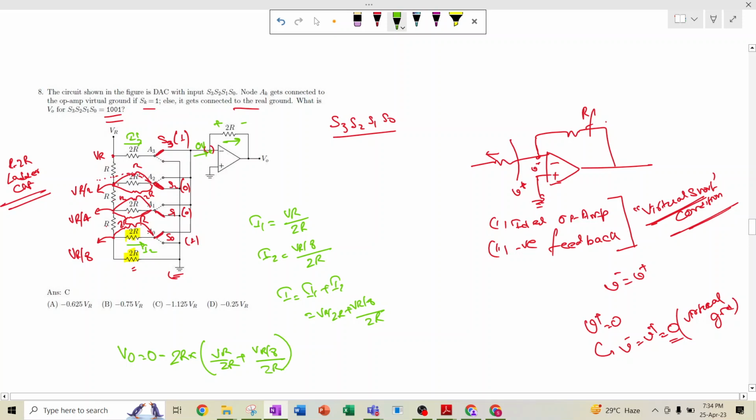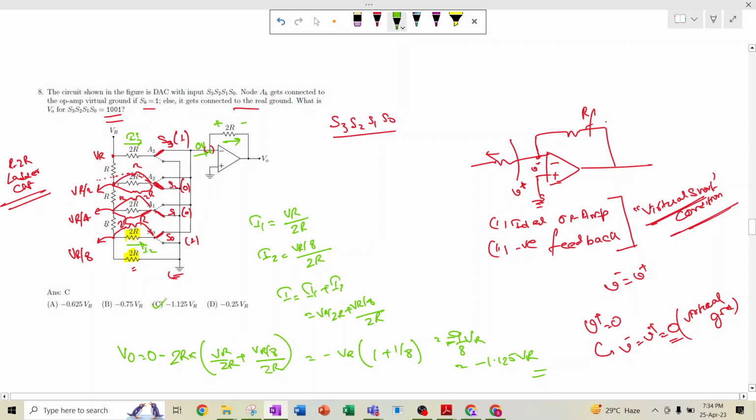The 2R and 2R cancel out, so equal to minus VR times (1 plus 1 by 8), that means minus 9 by 8 into VR. And 9 by 8 means 9 divided by 8, that is 1.125, so minus 1.125 VR. So the correct answer will be minus 1.125.